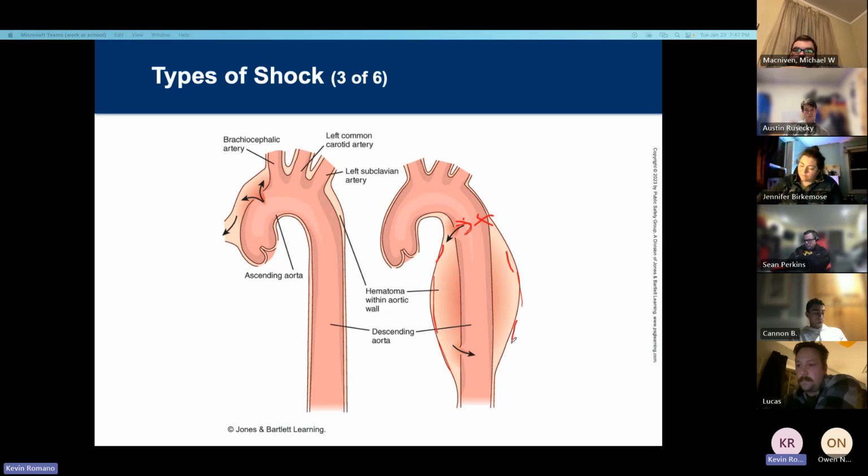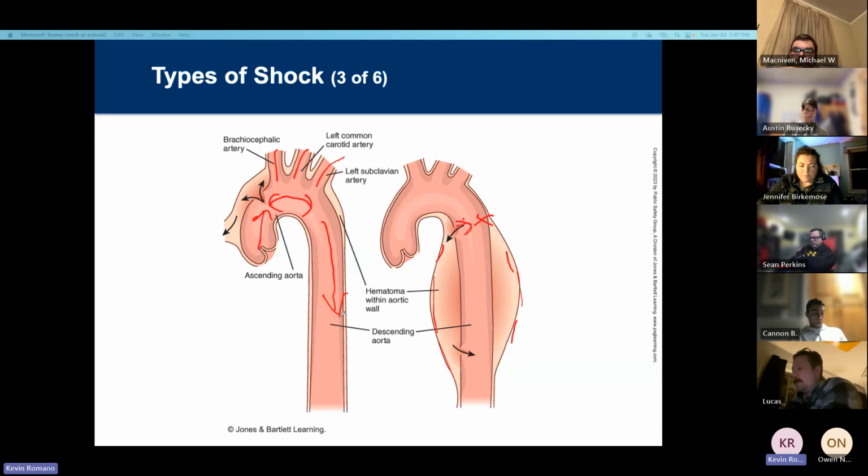The way the aorta works, as we can see here, these are our great arteries, the brachiocephalic, the left common carotid, and the left subclavian arteries. We have our ascending aorta. This right here is the aortic arch, which gives rise to the three great arteries. It goes down into the descending aorta.